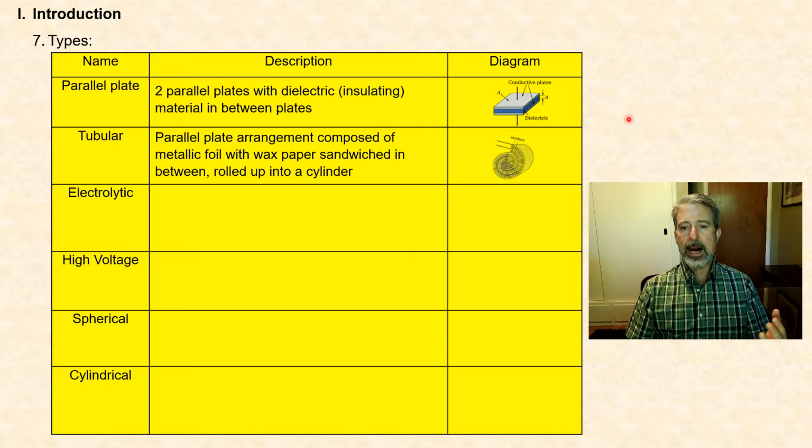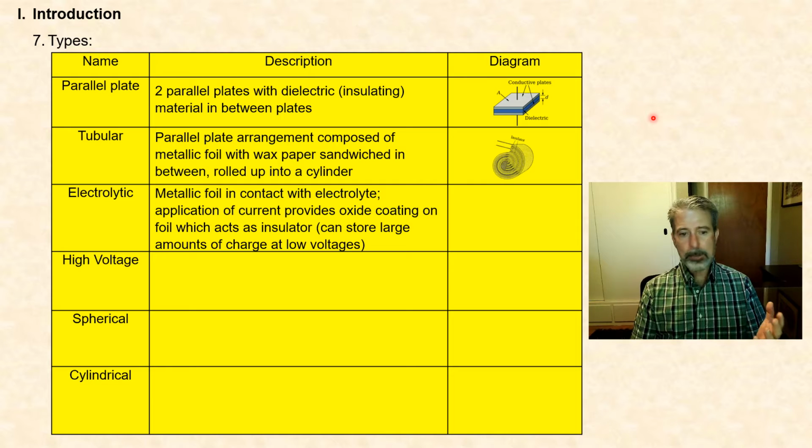As we'll find out, what makes a capacitor able to store more charge and electric potential energy, one of the factors is the plate area. So in this way, you can have a very large plate area, but by rolling it up, it doesn't have to take up a lot of space. So these are, in a practical sense, much more common than your typical parallel plate capacitor.